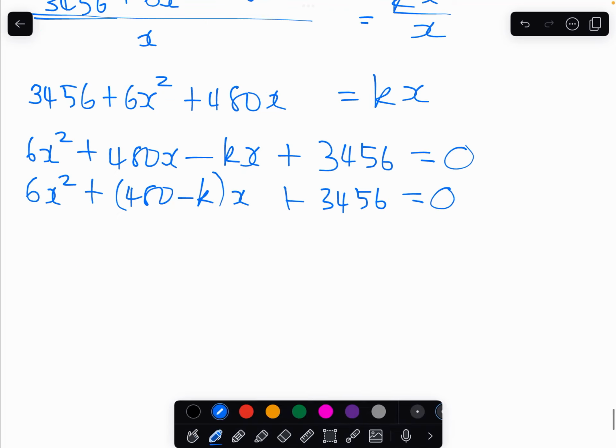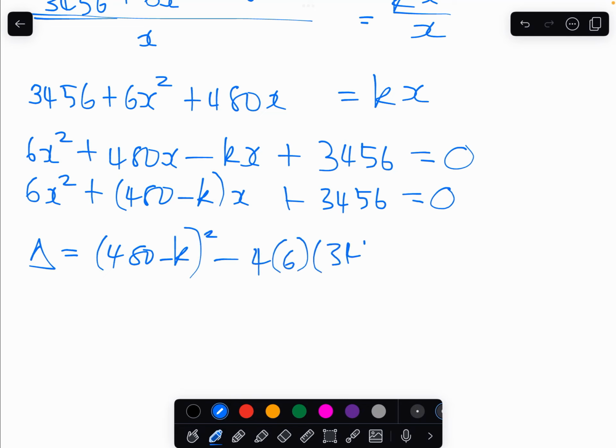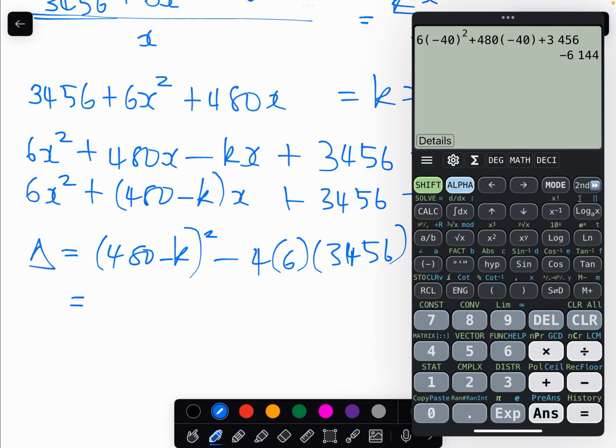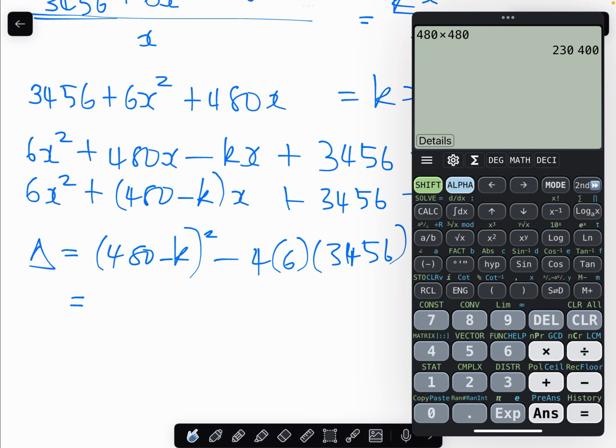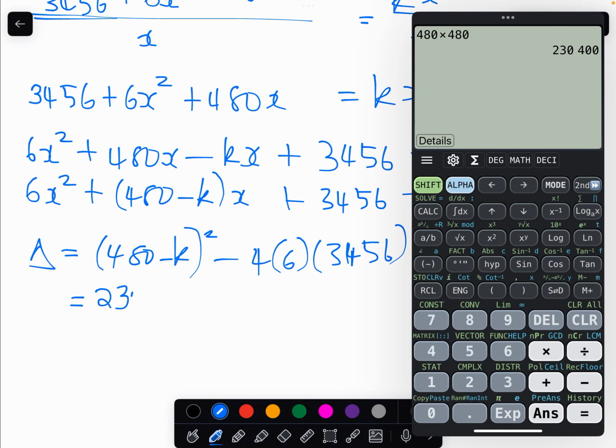Now we want to look at the discriminant of the equation, which is (480 minus k) squared minus 4 times a times c. Right. 480 times 480. So that is such big numbers, hey?